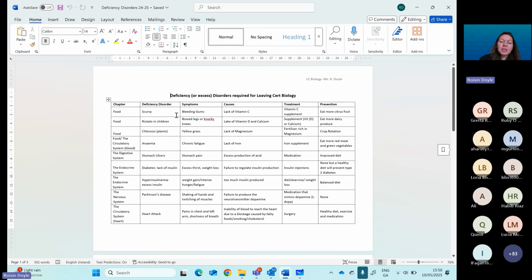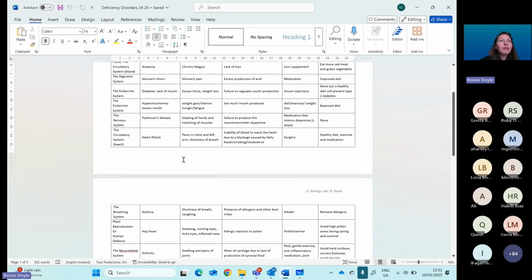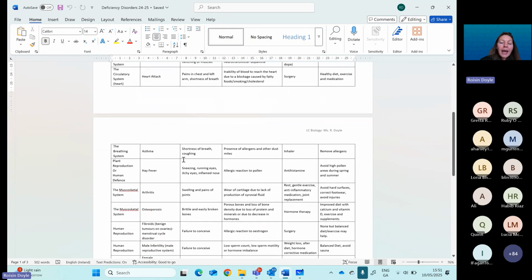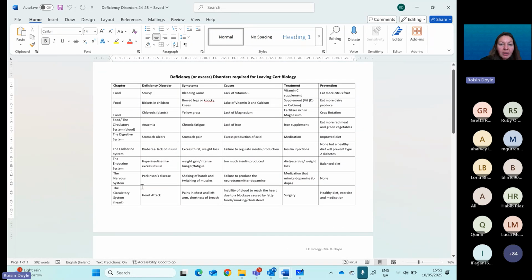Again, some of you might be home ec students, so you might decide to use one of your home ec examples, but you need to know particular deficiency disorders. So I have given you a list of all of the prescribed deficiency disorders for Leaving Cert Biology. You can access this through the free resources, as I said, under the Institute of Education website. So there they are all for you.